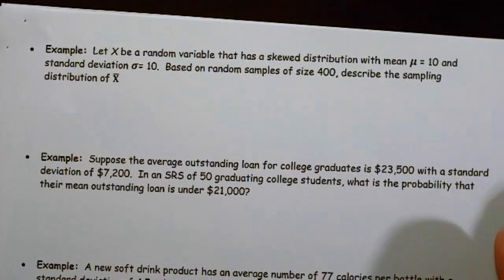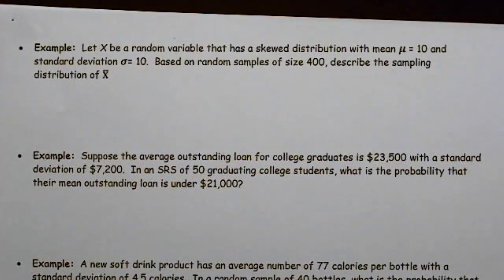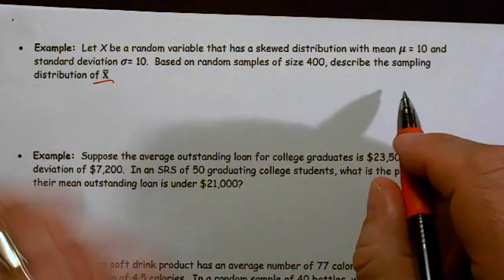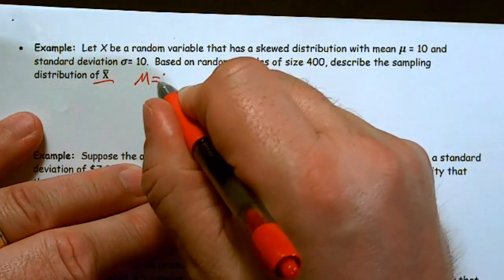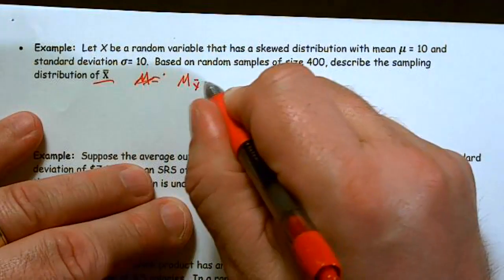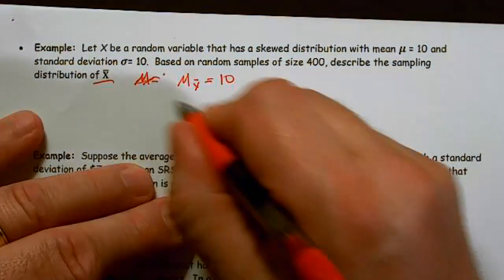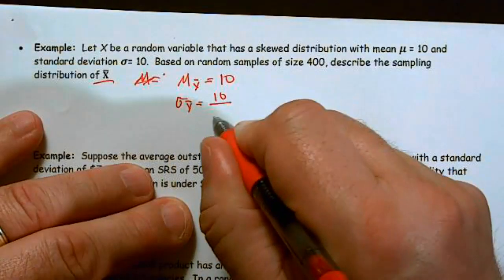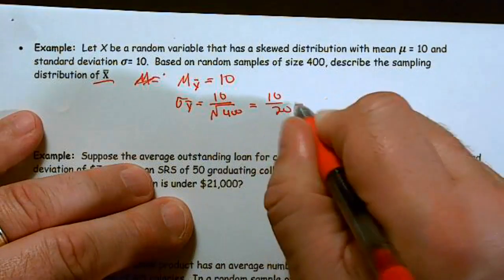So let X be a random variable that is skewed distribution with a mean of 10 and a standard deviation of 10. Based on the random sample, describe the sampling distribution of X bar. That's the key word. All right, so first off, nice thing. The mean, and the appropriate way is the mean of X bar equals 10. Standard deviation of X bar is going to equal 10 divided by the square root of 400, which is 10 over 20, which is 0.5.